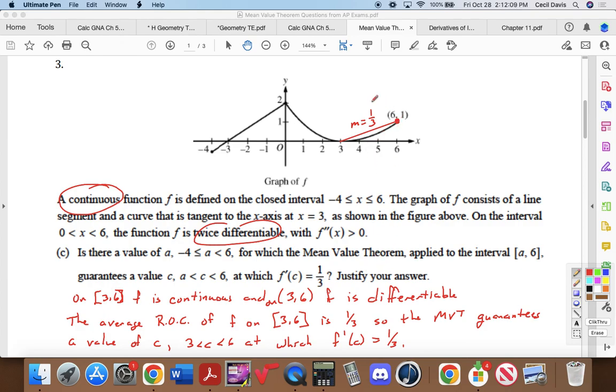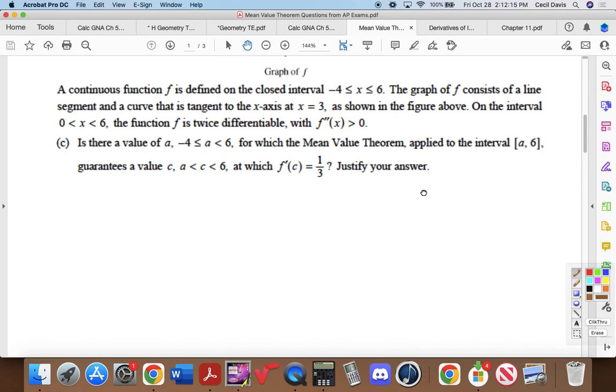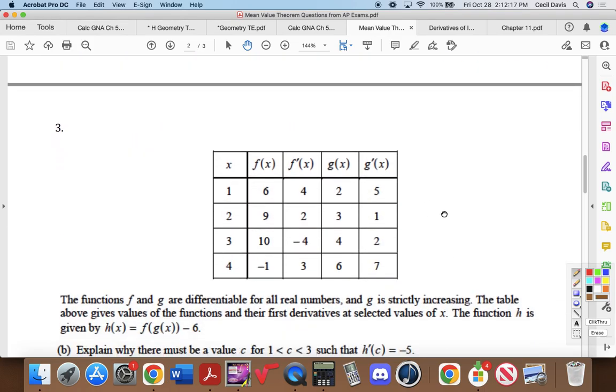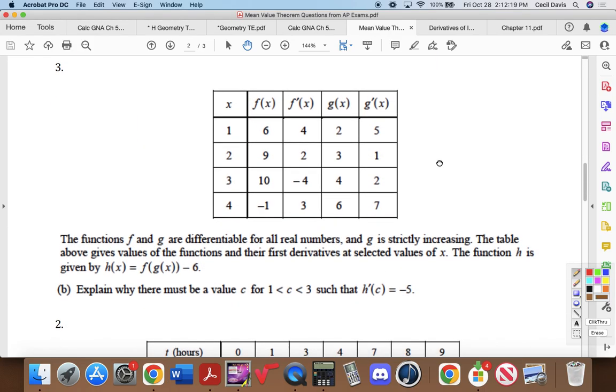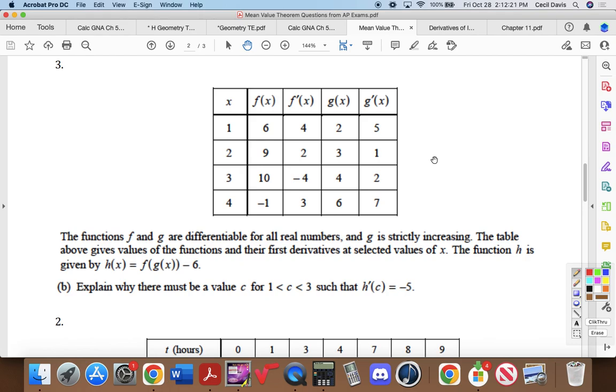That's the step that many students didn't make, and then they basically got no points for this part. Now, just because you get shut out on a section of a free response question, don't let that bug you. Sometimes it'll be part A and you get shut out of that. Although A is usually the easiest part, B is not always the next easiest part. Sometimes B is harder than part C.